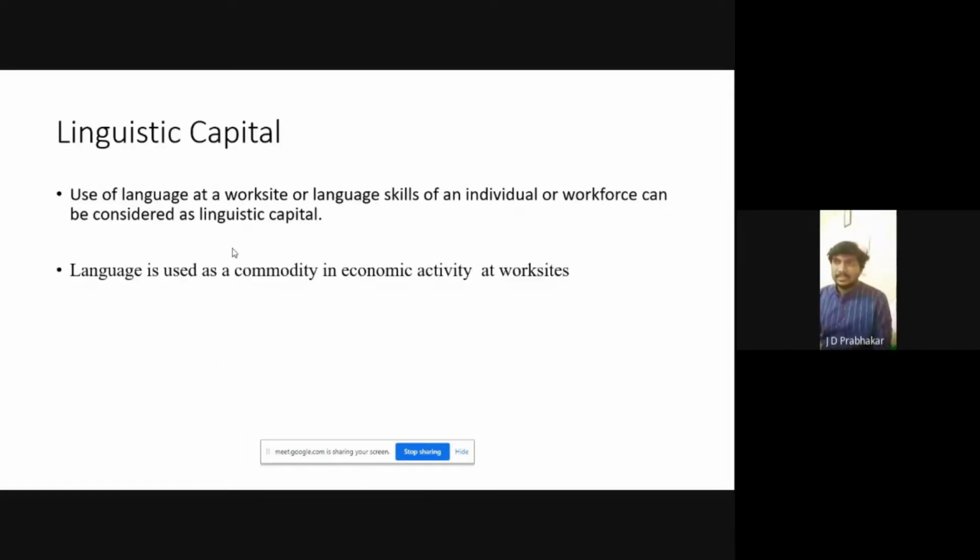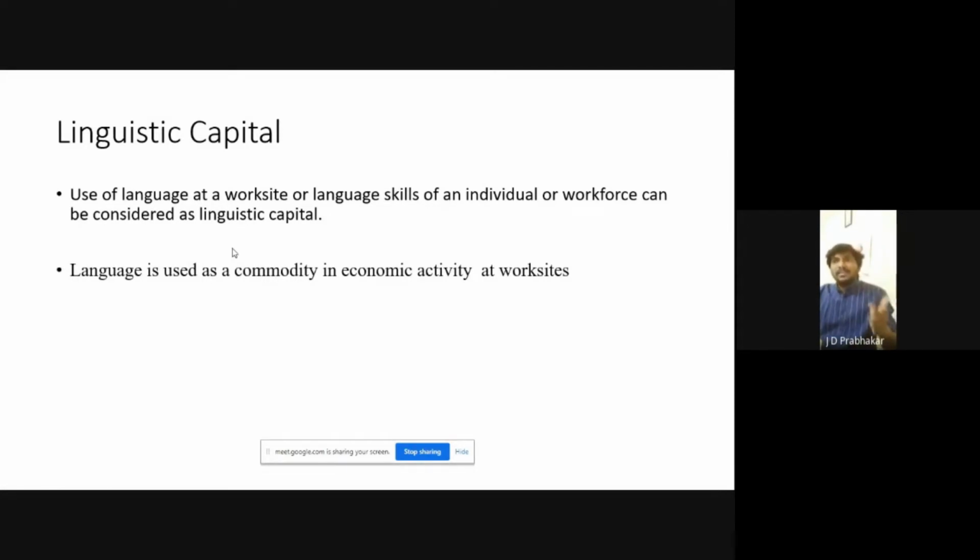So what is linguistic capital? Are you all aware of the term capital? Capital is, in economic terms, money or any form of asset that we put in for investment for productivity, isn't it?